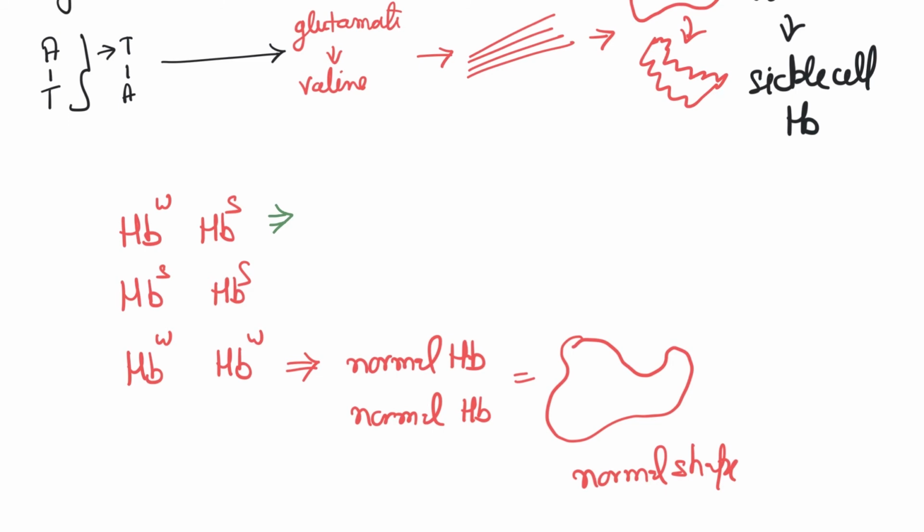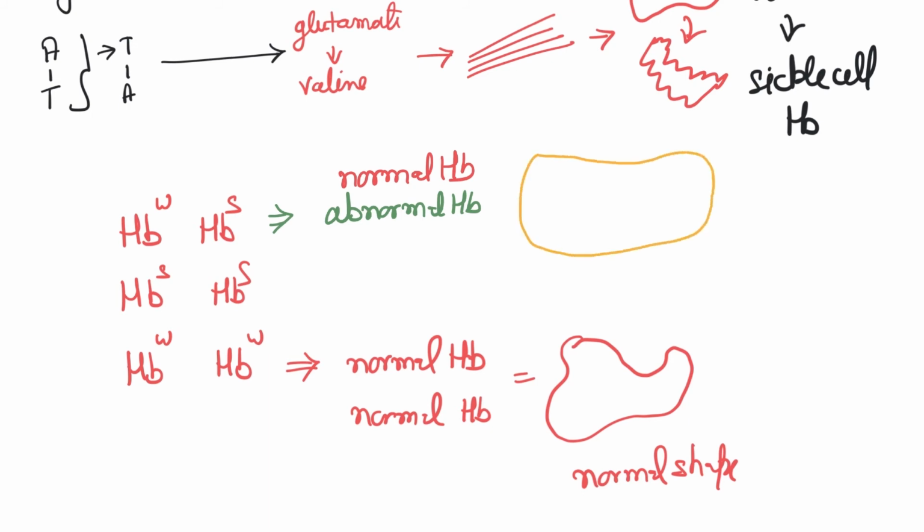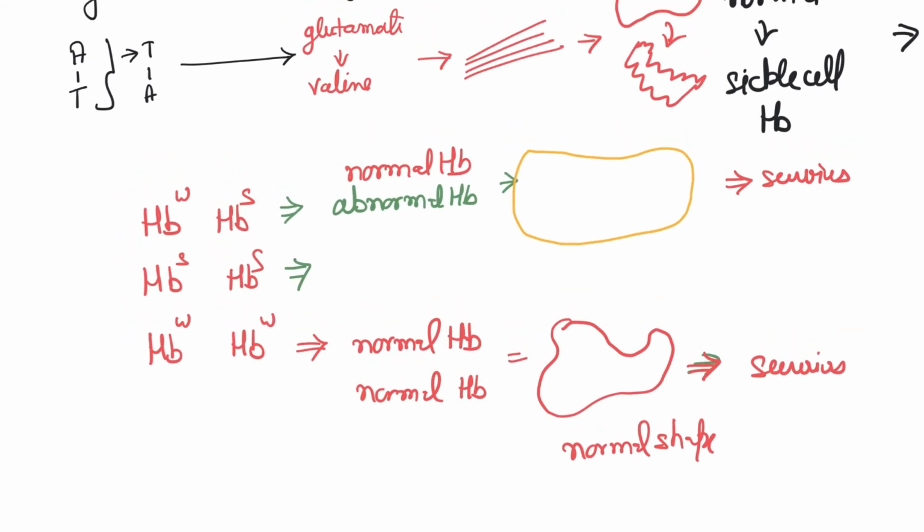So, dominance and recessiveness should be used for phenotypes, not for genes. Because what we can say is when you have a mix, the person survives. But when we have both abnormal copies, you'll have both abnormal hemoglobins and the person dies. So, at the molecular level, it is codominant, meaning both the alleles are expressing themselves.